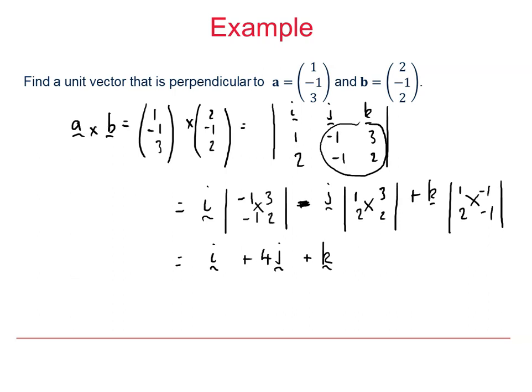So in vector form we would have 1, 4, 1.